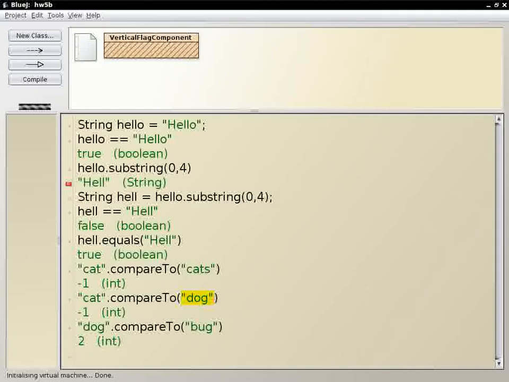Is there any meaning to that? Yes. So what it actually does is, because it turns out to run a tiny bit faster, they take the difference of the characters.